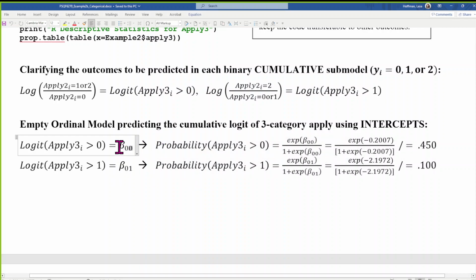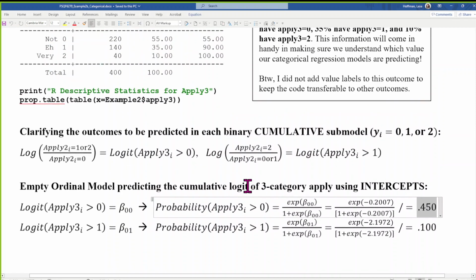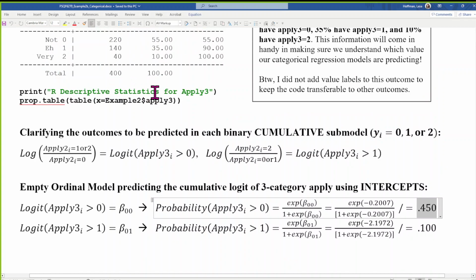If I translate that predicted logit into a predicted probability, these numbers are what are going to appear on our output momentarily. E to the logit over 1 plus e to the logit is a probability of 0.45 for the first submodel. If I go up to my answer key here, where does 0.45 come from? A 1 and a 2 put together.